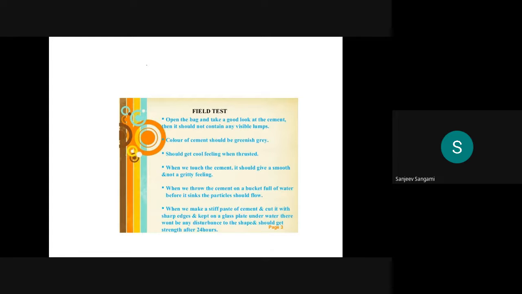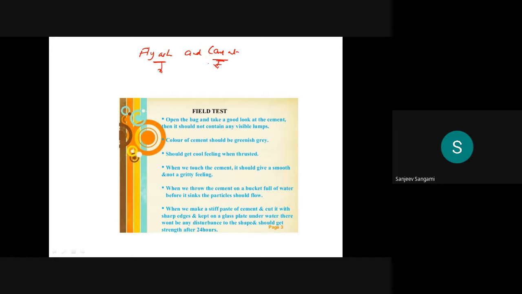So that we'll see. In the field test, how you have to do it, at least whether the cement is in good condition or whether it is looking like cement or not. Many times what will happen nowadays is that fly ash and cement are being mixed, and we are not getting what exactly is happening. The color is also almost the same.